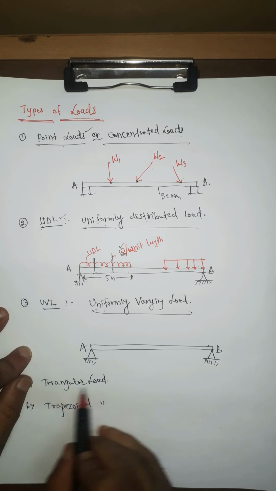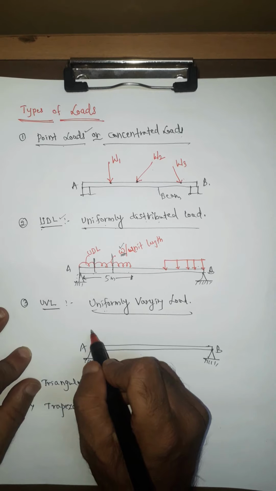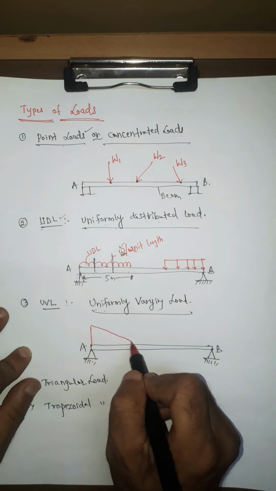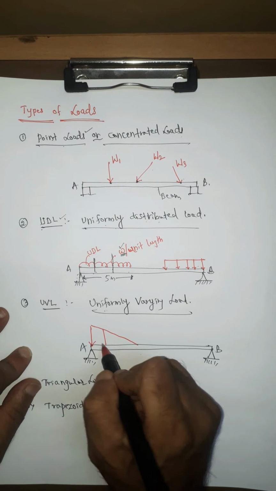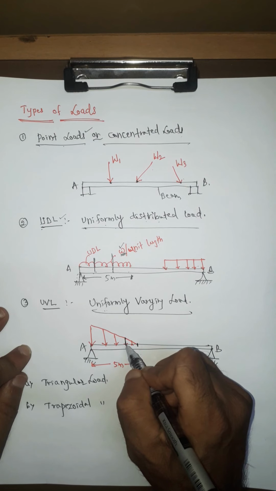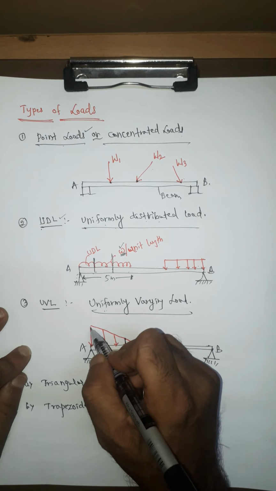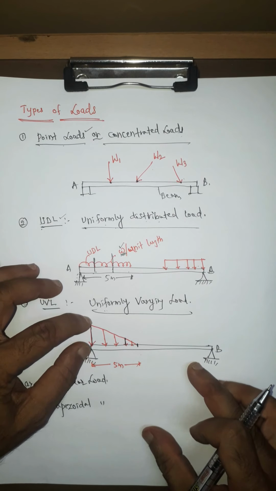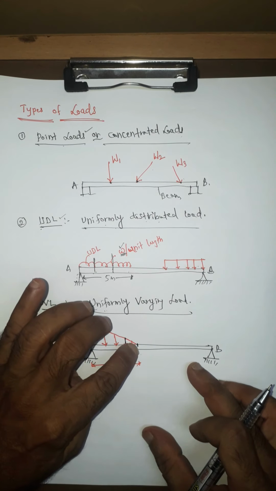Then what do you mean by this triangular load? Now see, suppose this is the indication of load. The UVL will be like this, acting for 5 meter if you take. Now see, what is the value of load here? It is 0 here. What is the intensity of load here? It changes, it is not 0, it is increasing. So this is the maximum intensity of load, and at this point it is 0.